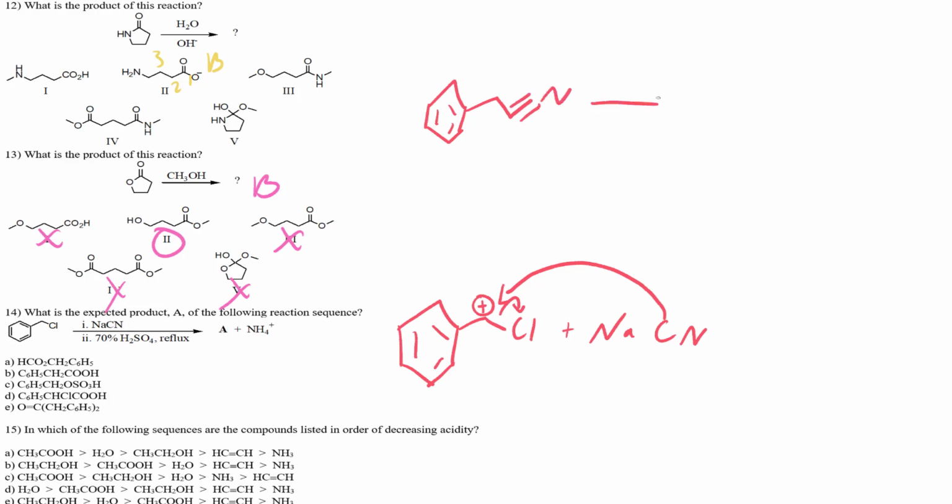And then we're going to be treating it with some acid, and actually sulfuric acid, and heat. So whenever you heat up a cyanide with acid, you're going to get a carboxylic acid.